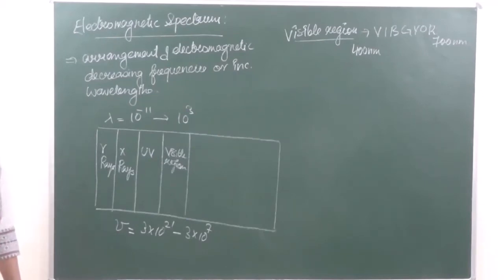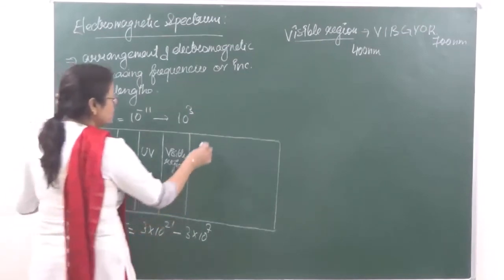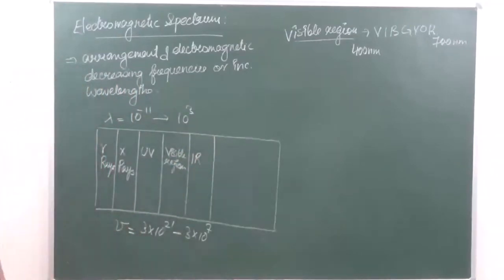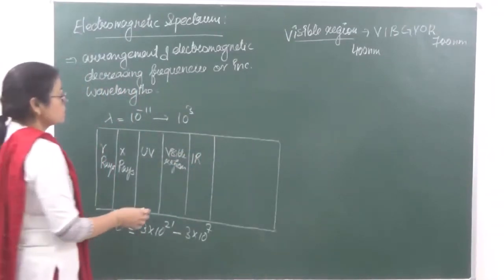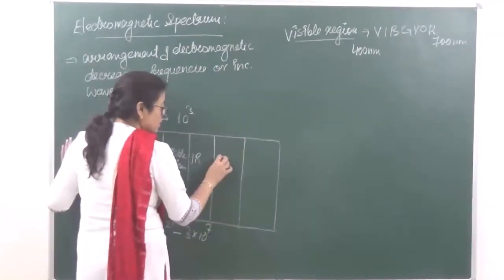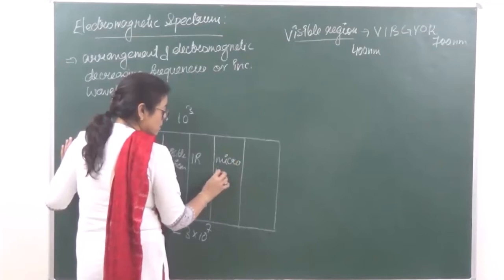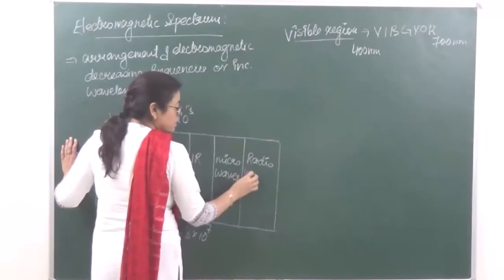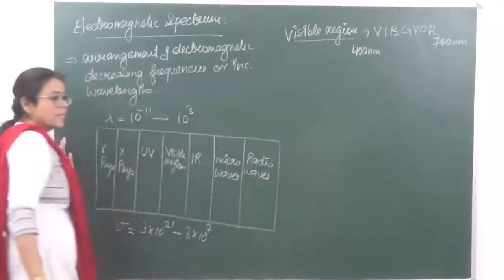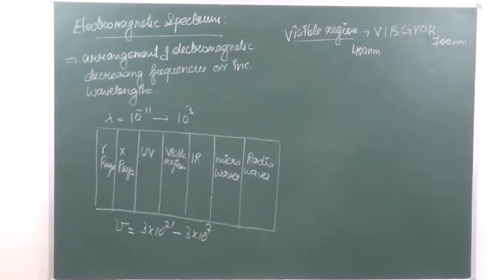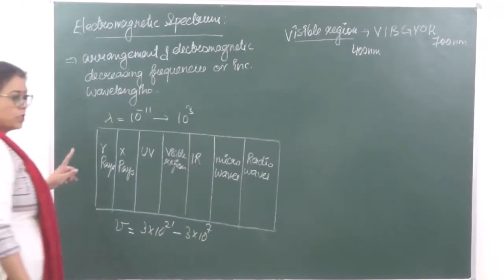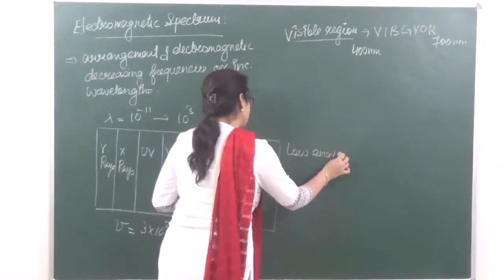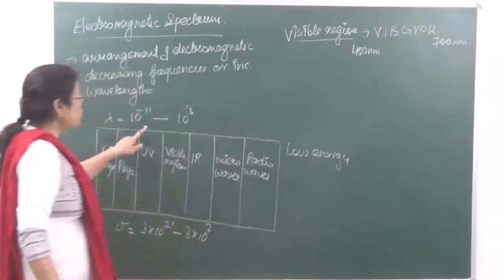Then after the visible region is the infrared region. After the infrared we come to microwaves, and then the radio waves. Right? Now we have to remember over here that radio waves have low energy, but what happens to the wavelength?